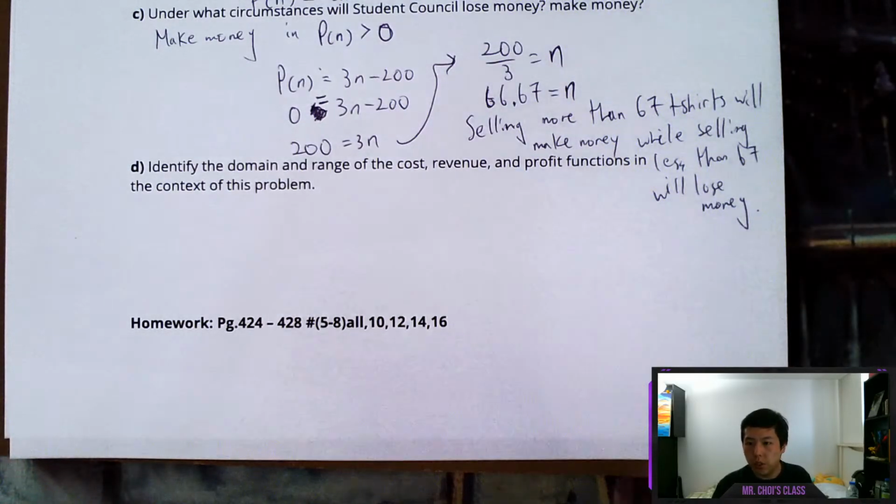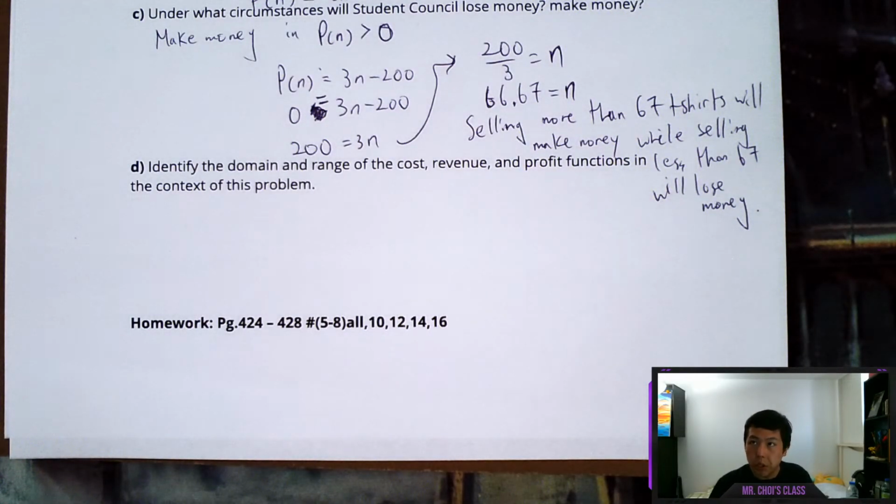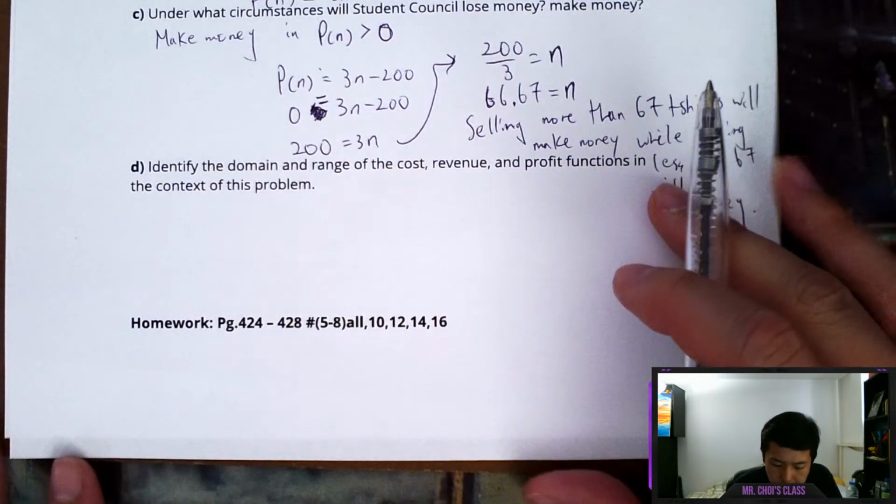Like, what is the domain that actually exists? When we're talking about t-shirts, negative t-shirts don't exist. So you can't go into the negative numbers, although yes, the function is possible to go in there. That's the practical answer, is that we can't have negative t-shirts. So can that function go less than 0? No, not exactly, right?